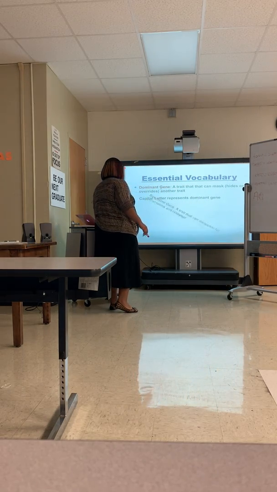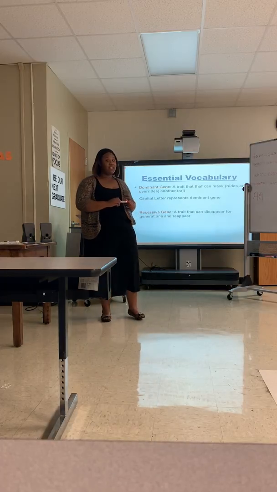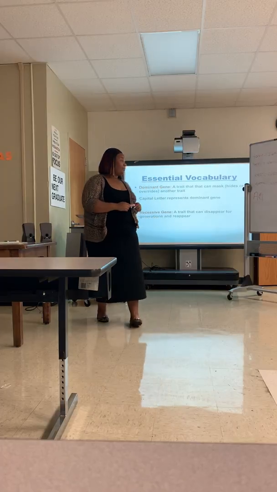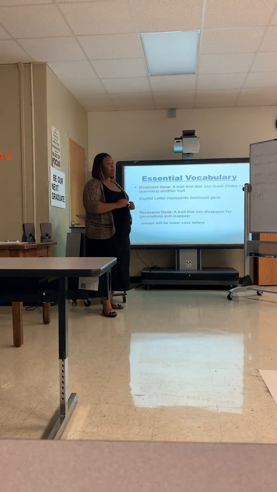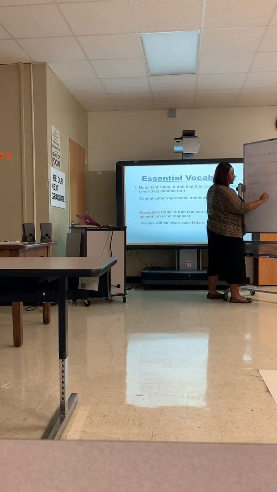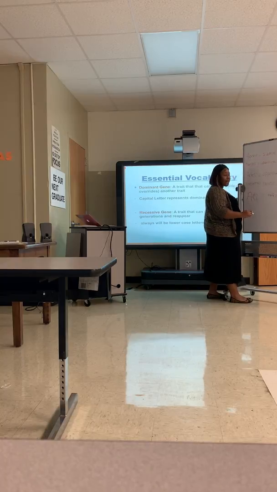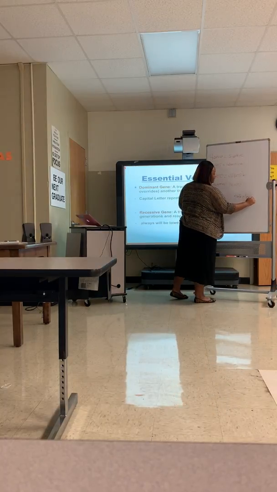A recessive gene is a trait that can disappear for generations and reappear. It will always be a lowercase letter. So for example, lowercase a could code for brown eyes.